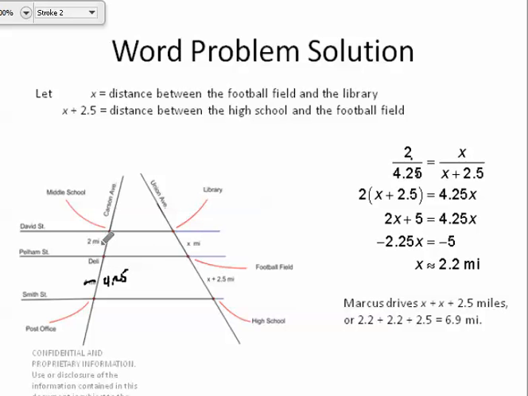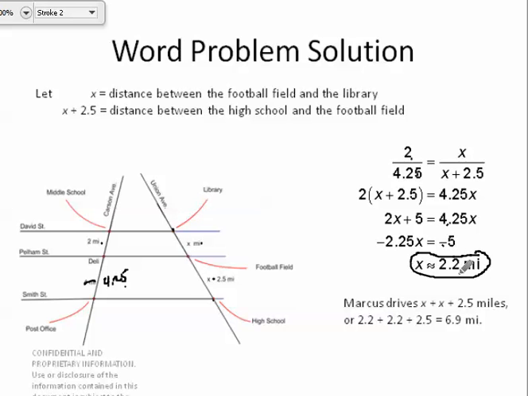So they get 2 over 4.25 is equal to x divided by x plus 2.5. And when you do your means and extremes here and work it out, you get approximately 2.2 miles. Marcus drives the distance from here to here, which is what we were looking for.